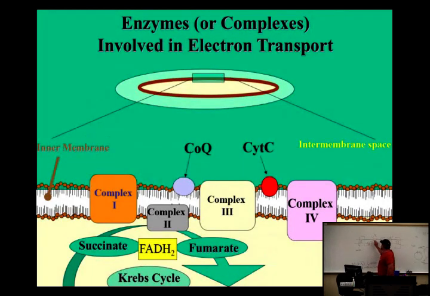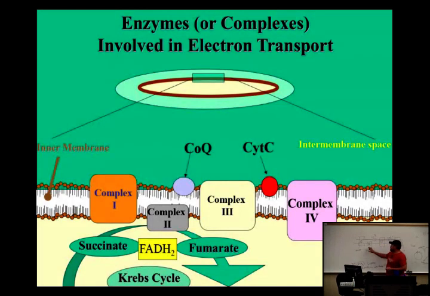In fact, all these things in this exact order are more and more electronegative. And what's the most electronegative? Oxygen. So the electrons are going to flow from NADH through 1, CoQ, 3, cytochrome C, 4, and on to oxygen. FADH2 holds its electrons more tightly.